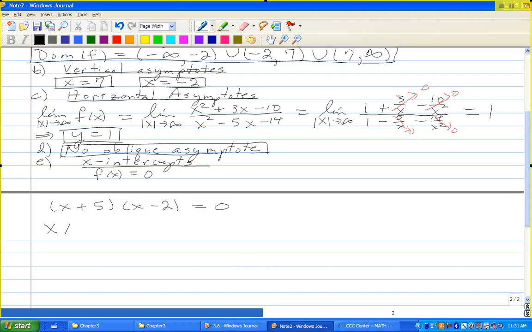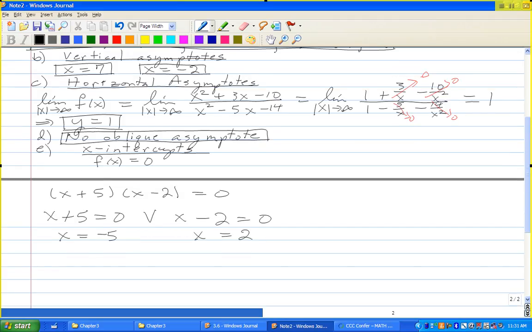So x plus 5 is 0, or x minus 2 is 0. So x equals negative 5, x equals 2. So the x-intercepts are at negative 5, 0 and 2, 0. So those are my x-intercepts.